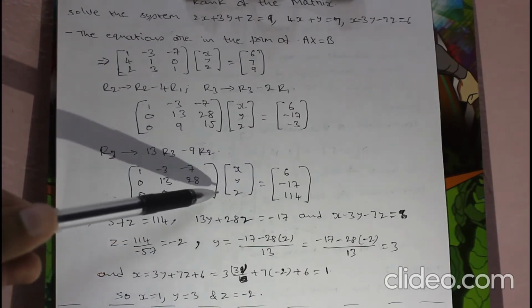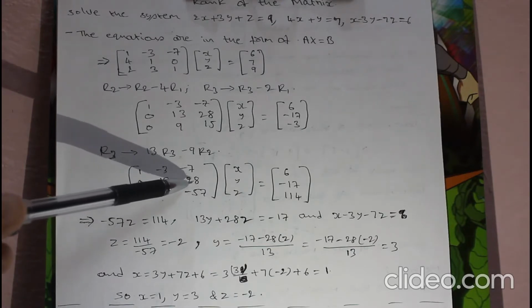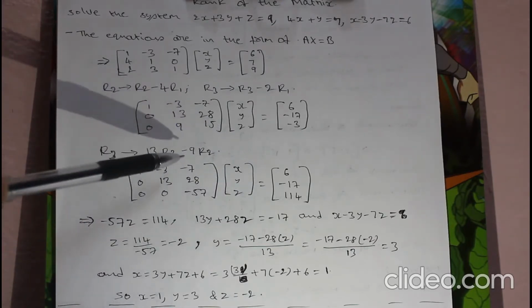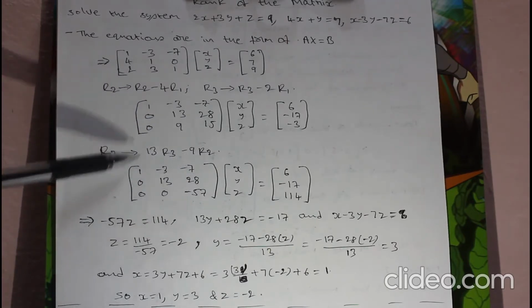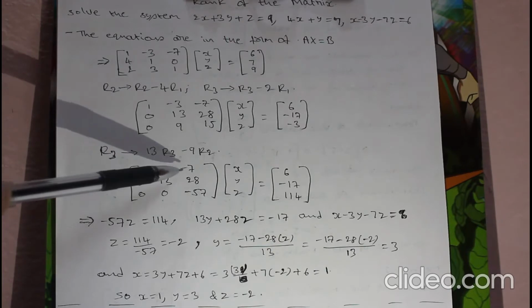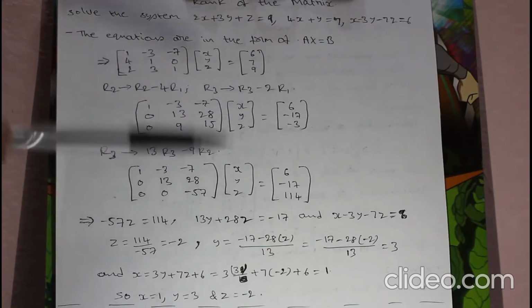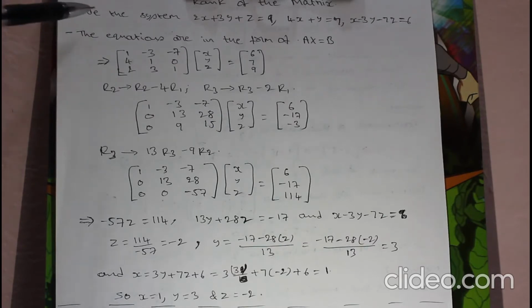From this we will get the z value, and we can substitute that in this equation, 13y plus 28z is equal to minus 17, and from that we can find y. By substituting those two in this equation, x minus 3y minus 7z is equal to 6, we get the required answers, that is x, y, z values.